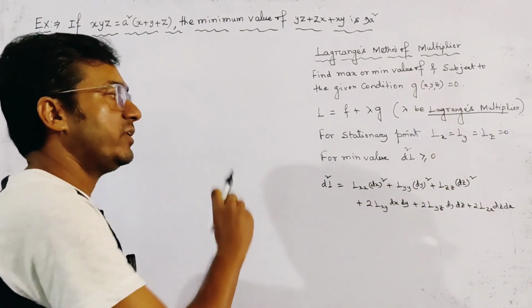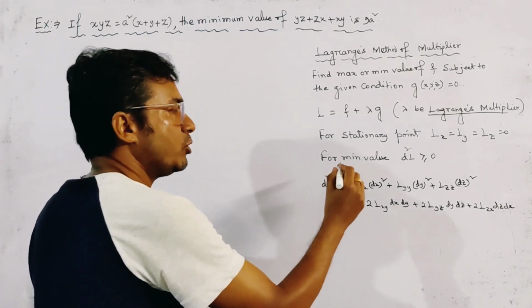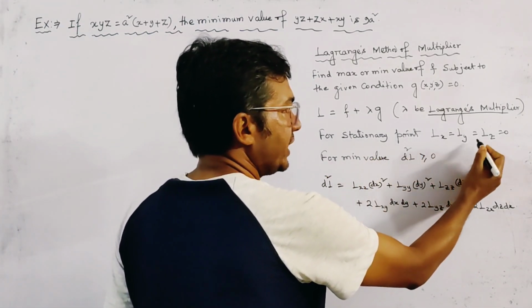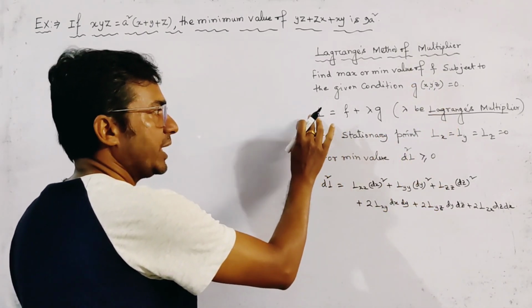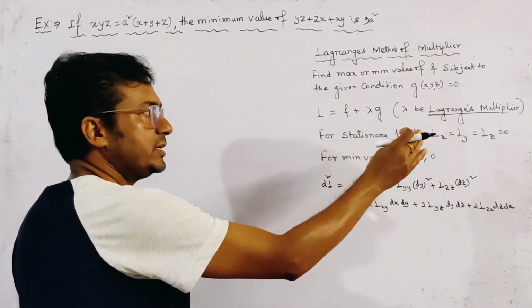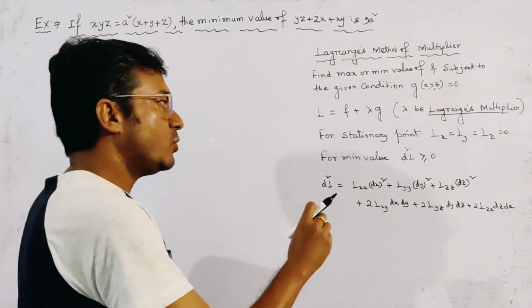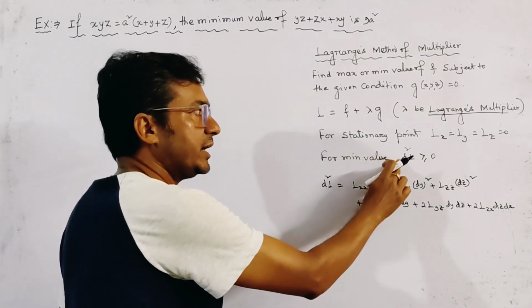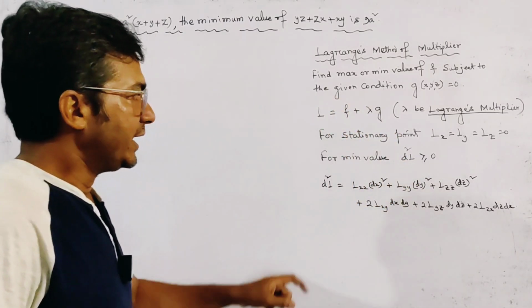Then we first find the stationary point, given by Lx, Ly, Lz equal to 0, that is, the partial derivatives of L with respect to x, y, z must be equal to 0. Now we find the second differential d2L.